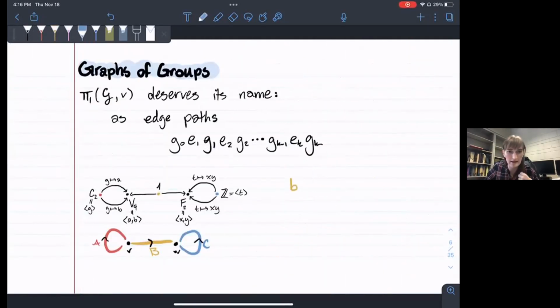I'll call it X. I could write some word in F2, like X, Y, X inverse even, and then maybe I'll go along C, the edge C, this edge here, and then maybe I'll just come back along B. So that's a perfectly fine loop in the fundamental group of this particular graph of groups. Cool.